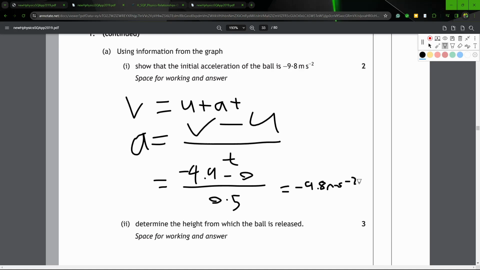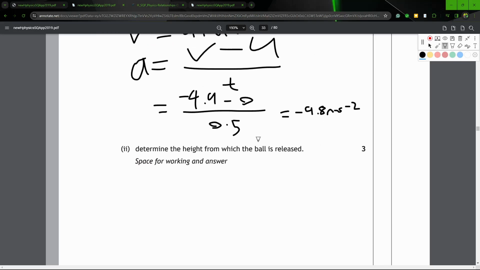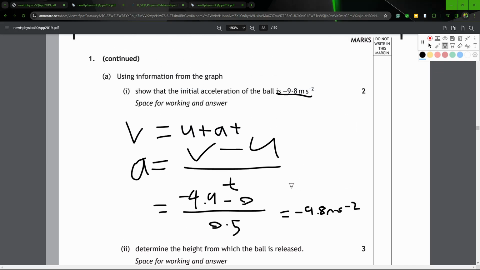Remember your units, but it won't matter too much because you don't get marks on the unit, your final answer. If it tells you the final answer, probably a good idea to put it in even if you don't get it, but it gets marked on your workings. But anyway, that's that done.